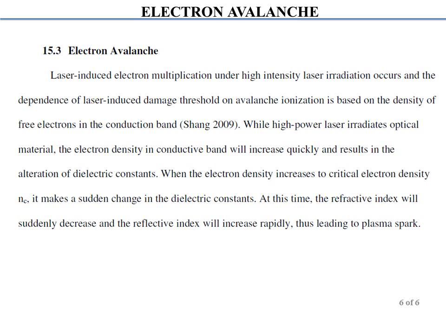When the electron density increases to the critical electron density, it makes a sudden change in dielectric constant. At this time, the refractive index will suddenly decrease and the reflective index will increase rapidly, thus leading to a plasma spark and an avalanche of the electrons. So the electron avalanche will lead to damage of the thin film.